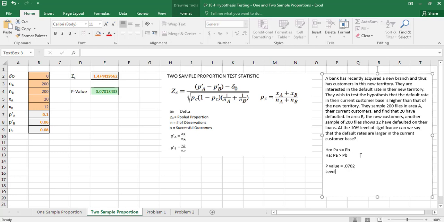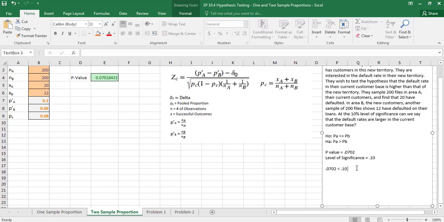And we need to compare that to the level of significance, which was 0.10, or 10%, that was given right here. Alright, so 0.0702 is less than the level of significance of 0.1, which means that we are going to reject the null hypothesis.